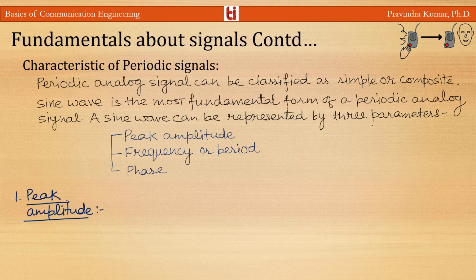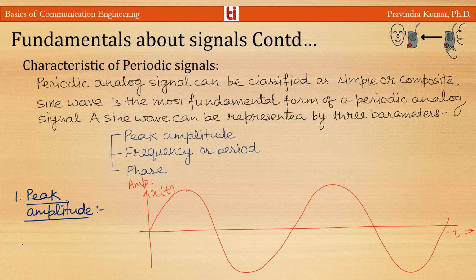The peak amplitude of a signal is the absolute value of its highest intensity and is proportional to the energy it carries. For electrical signals, the peak amplitude is normally measured in volts. For example, the peak amplitude of an AA battery is 1.5 volt.